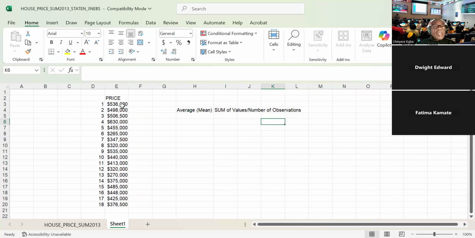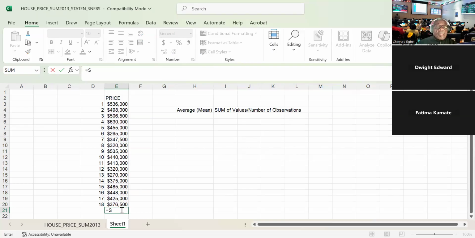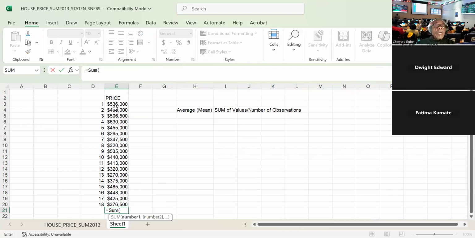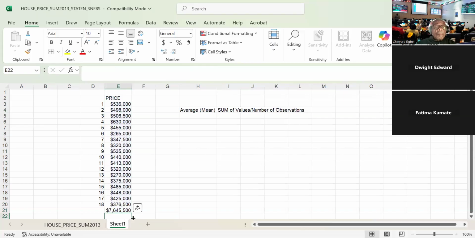And so, what is the sum of these values? Easy with Excel. Equals sum, and you go from here to there, and so that is the sum of the values.